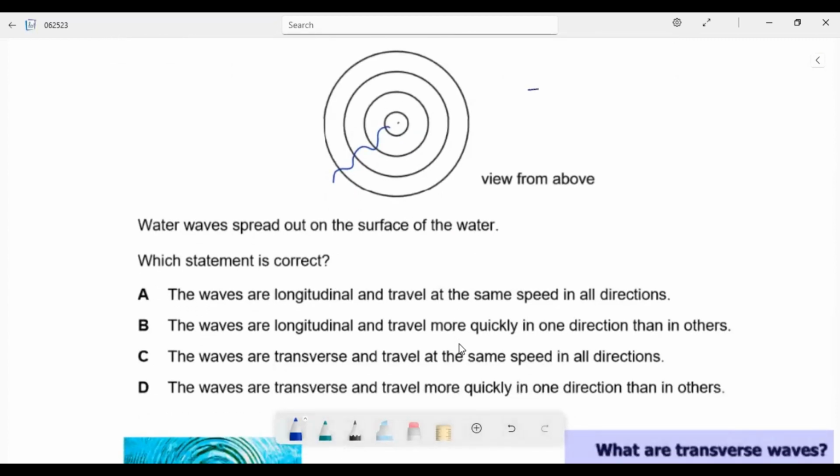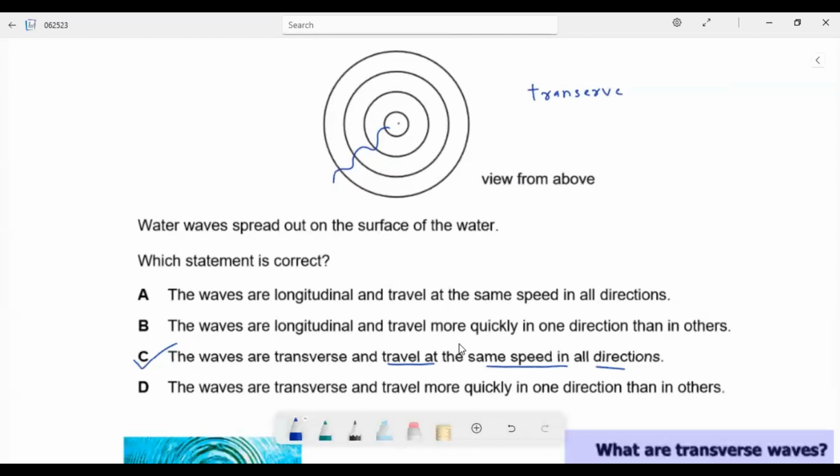These are transverse waves, which means the particles move perpendicular to the direction of motion of the wave. So the right choice is C. The waves are transverse and travel at the same speed in all directions.